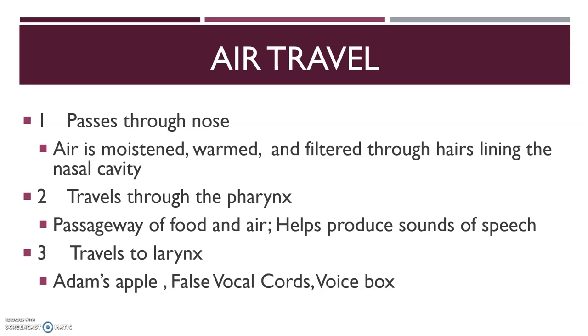There are false vocal cords, which don't produce sounds. These help close when swallowing. And then the voice box, the lower folds of the cartilage. These are the true vocal cords, and they are going to vibrate and produce sounds when air is exhaled.